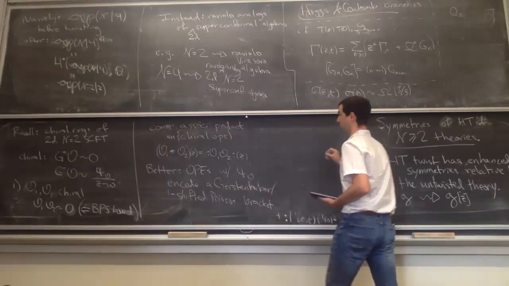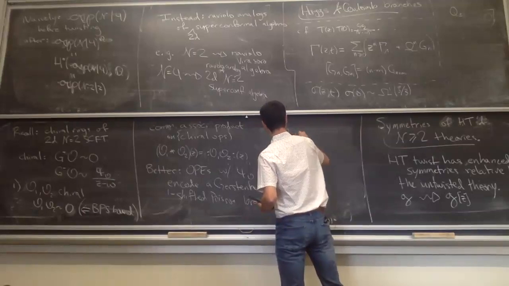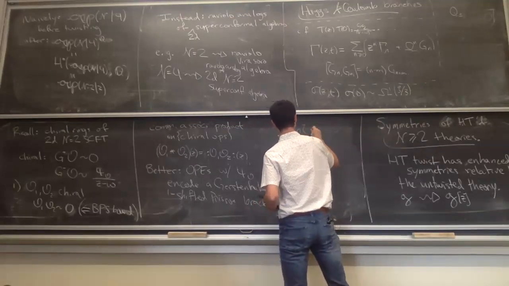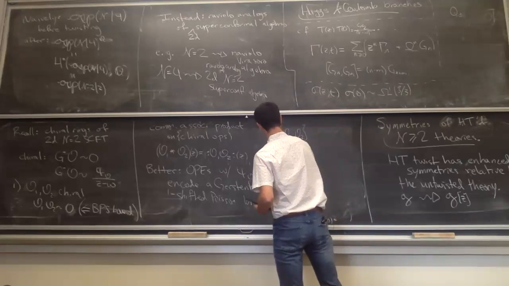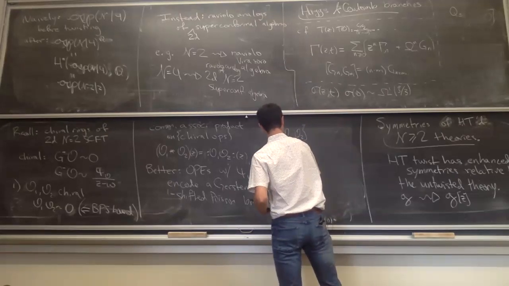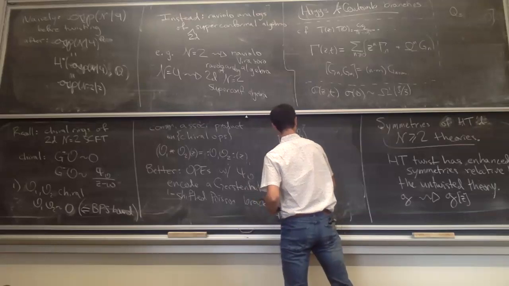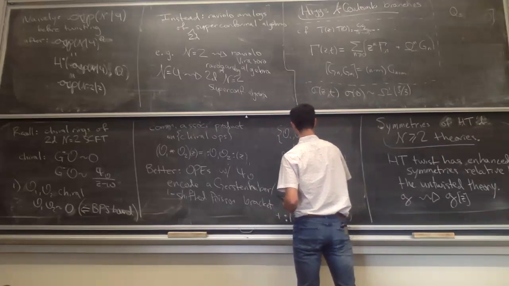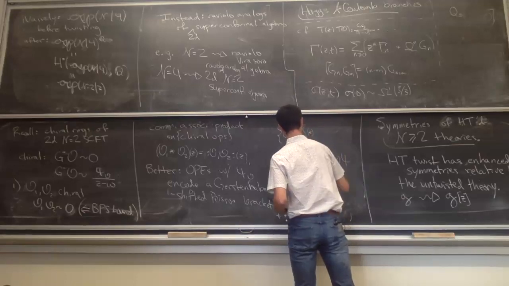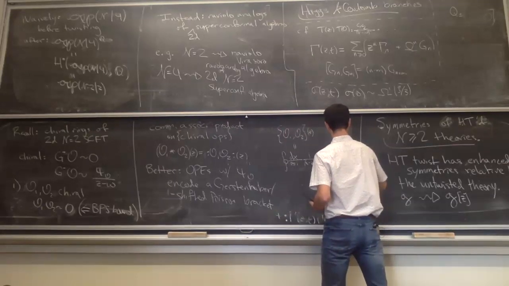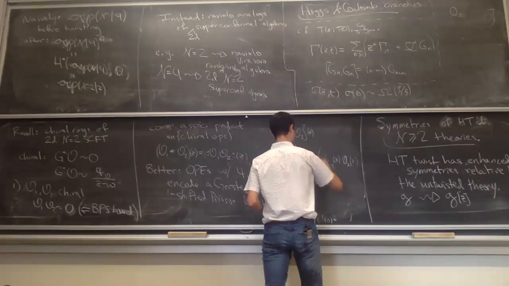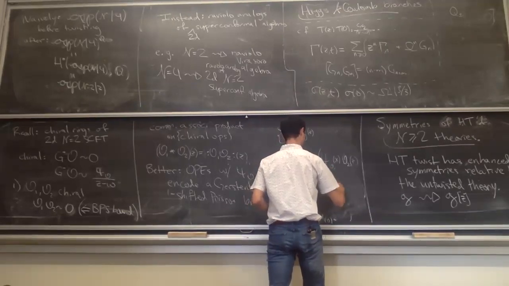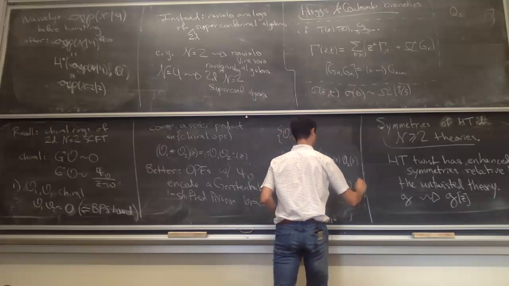And very roughly speaking, this bracket is as follows. It's equal to the contour integral of dx over 2 pi i (x minus w) of psi O1(x) O2(z), plus or minus psi O2(x) O1(z).